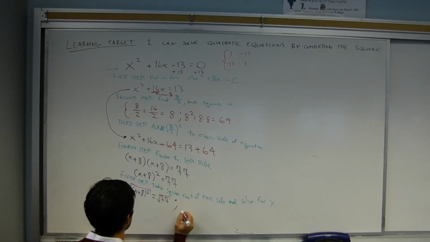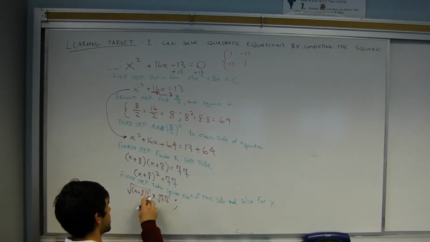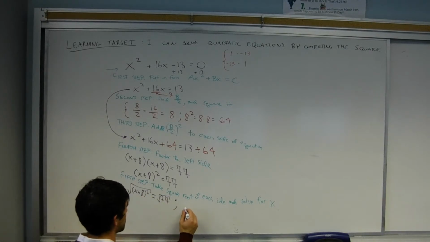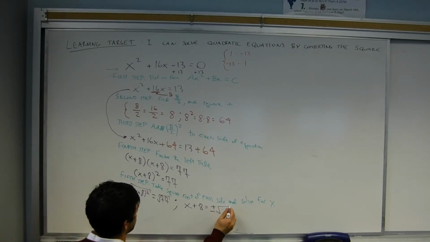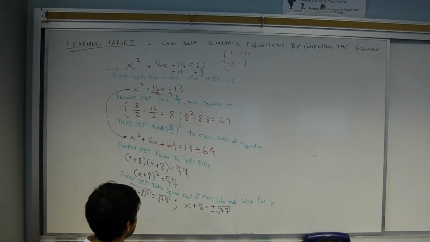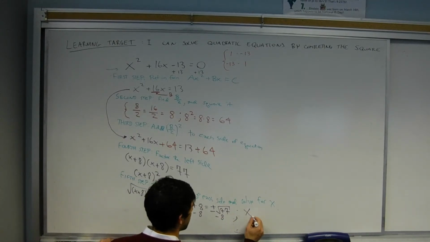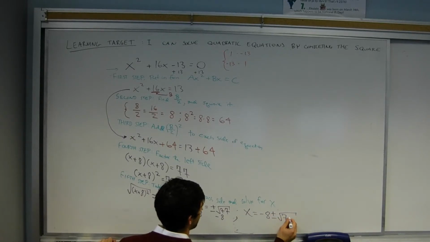If we take the square root of something, we're just reversing the square process, so we'll get x plus 8 is equal to plus or minus the square root of 77. Then, in order to solve for x, we just subtract 8 from each side, and we get x is equal to negative 8 plus or minus square root of 77.